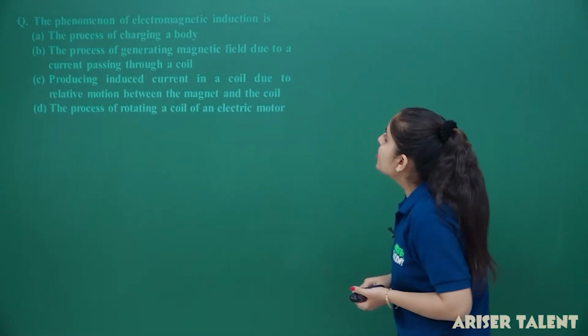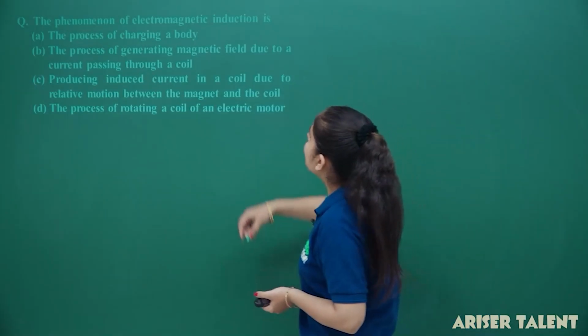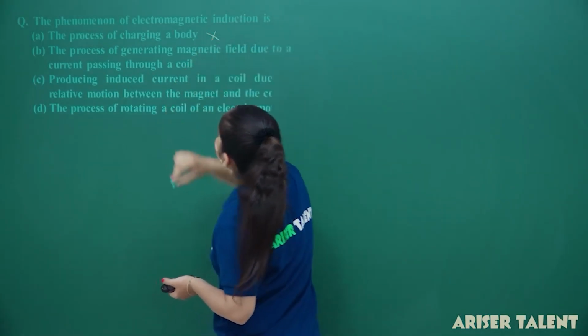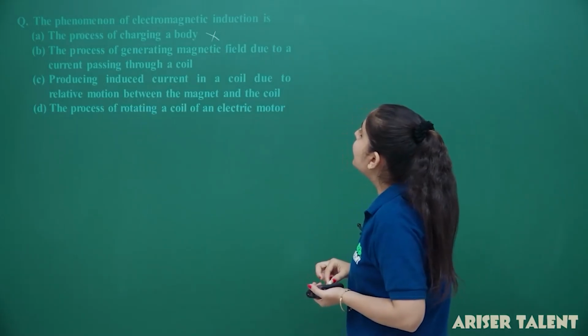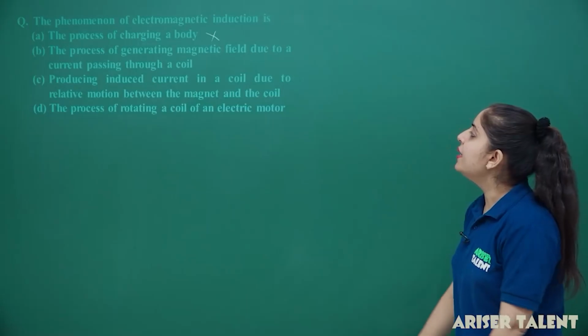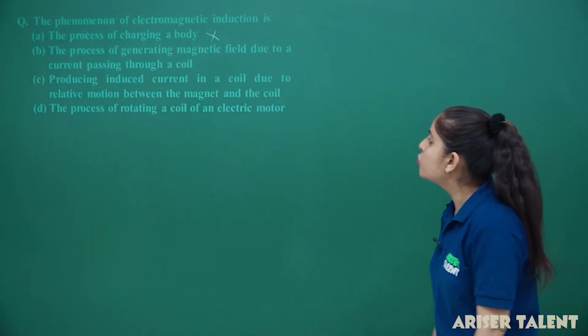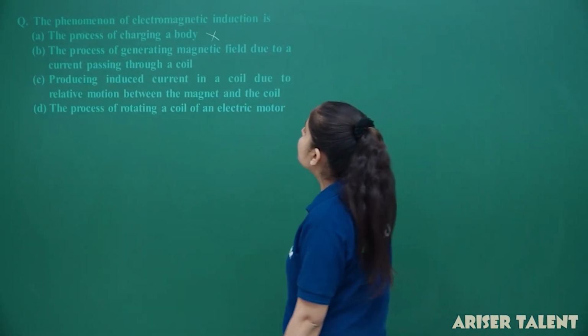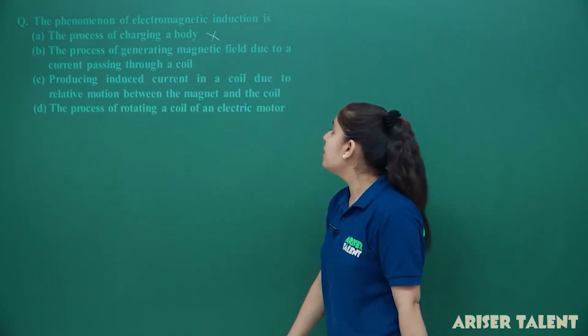So the options are: it is the process of charging a body. This is a wrong statement. Process of generating a magnetic field due to the current passing through a coil. Producing induced current in the coil due to the relative motion between magnet and coil. The process of rotating the coil in an electric motor.